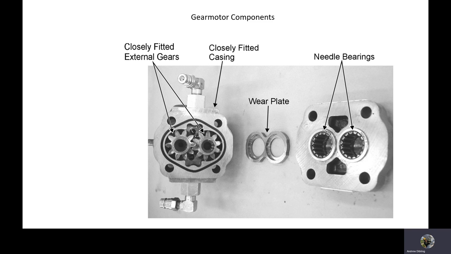So any fluid that is able to get past the center is going to be lost energy. Now, you're going to need some to get through in order to form that boundary film and to lubricate the parts, but you want to minimize that as much as possible in order to maximize the amount of torque that you have in your system.